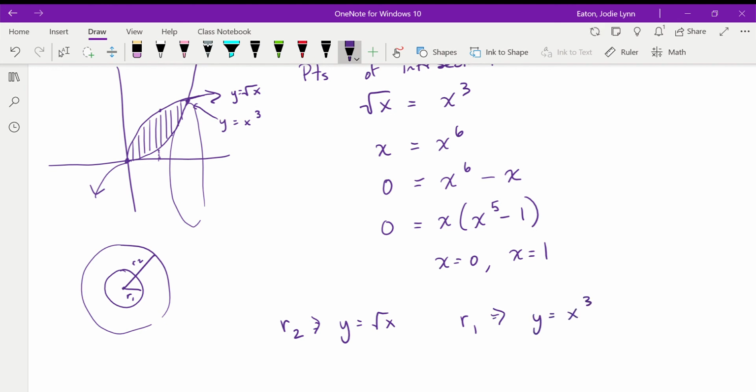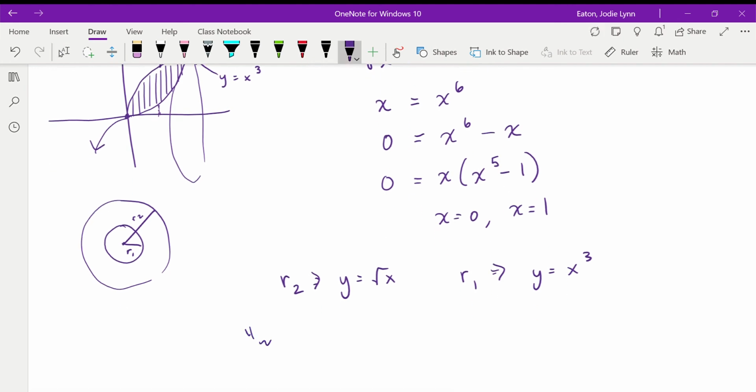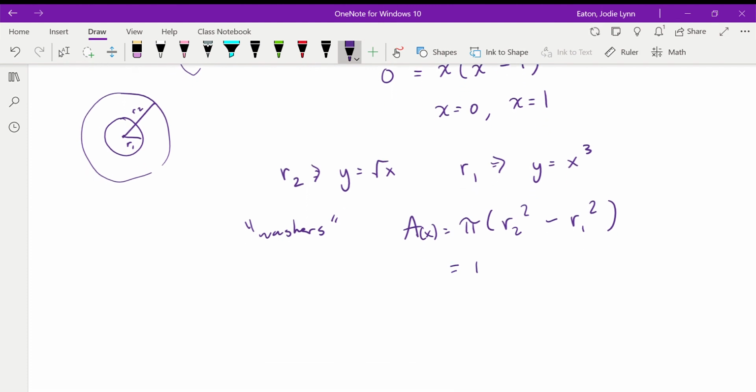So we are going to plug this in. These are going to be washers. So A of x, because we are really thinking of this as a function of x, equals pi times r2 squared minus r1 squared, which is pi times radical x squared minus x cubed squared, which is pi times x minus x to the sixth.